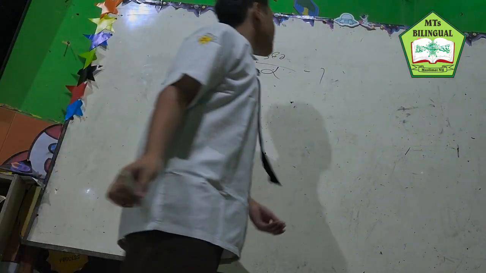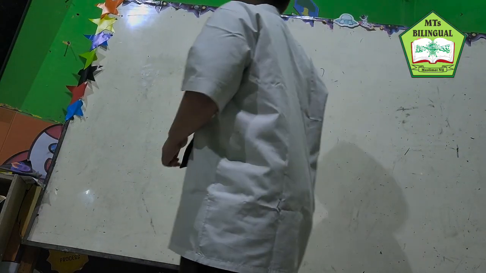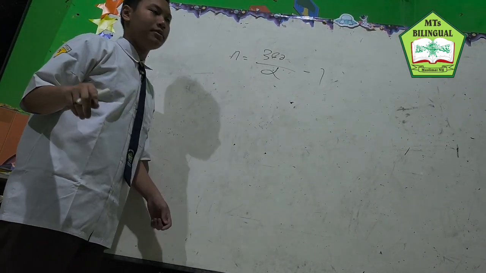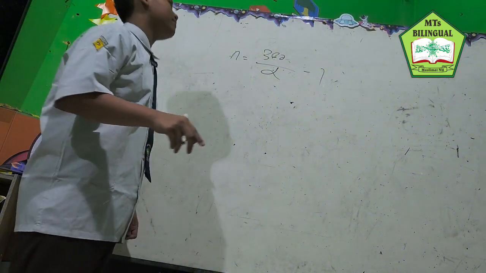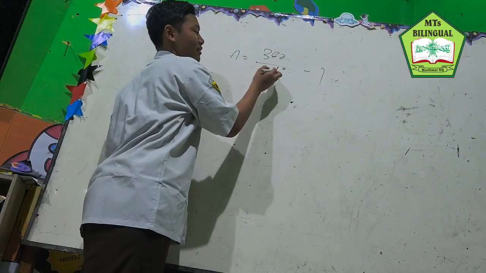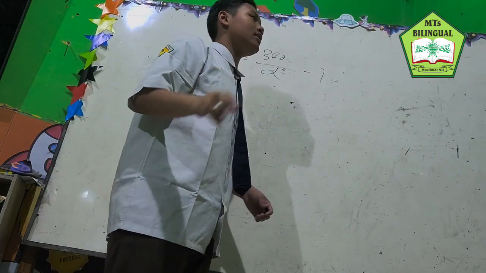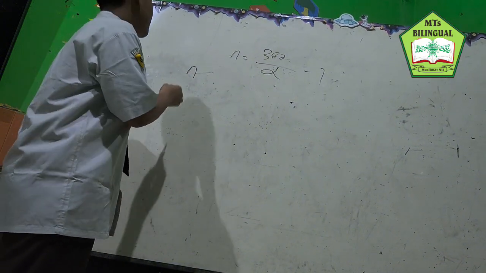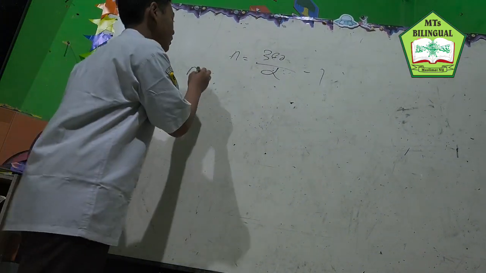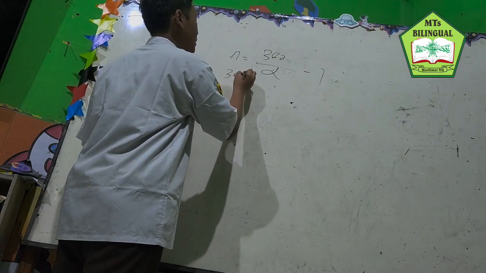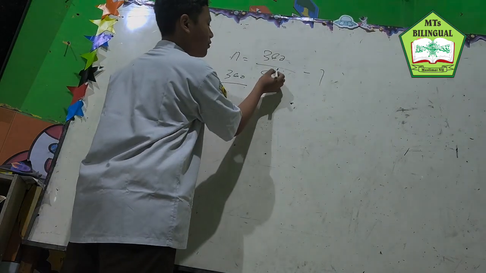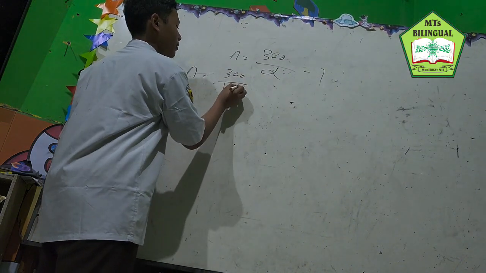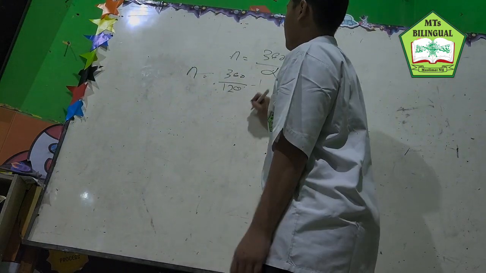How does it work? For example, Rudy puts two plane mirrors and sets the angle between them to 120 degrees. The number of images is 360 divided by 120, minus 1.